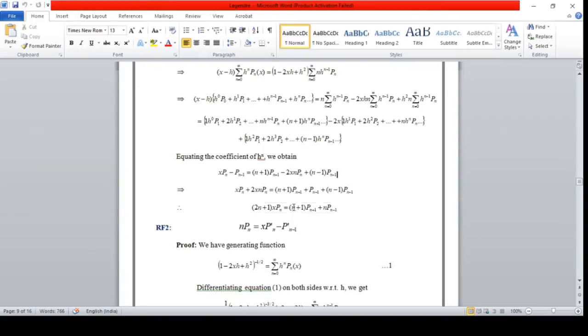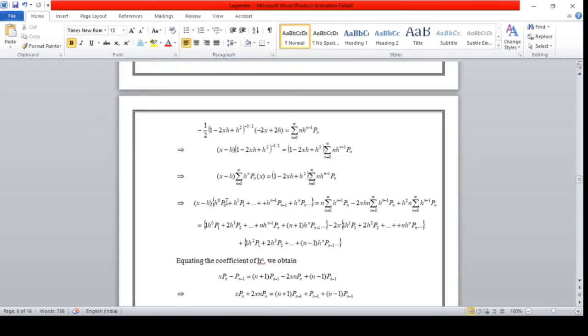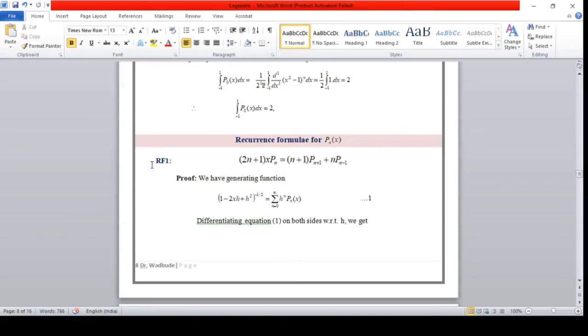This is the first recurrence formula, denoted by RF1, recurrence formula 1 for Pn(x).